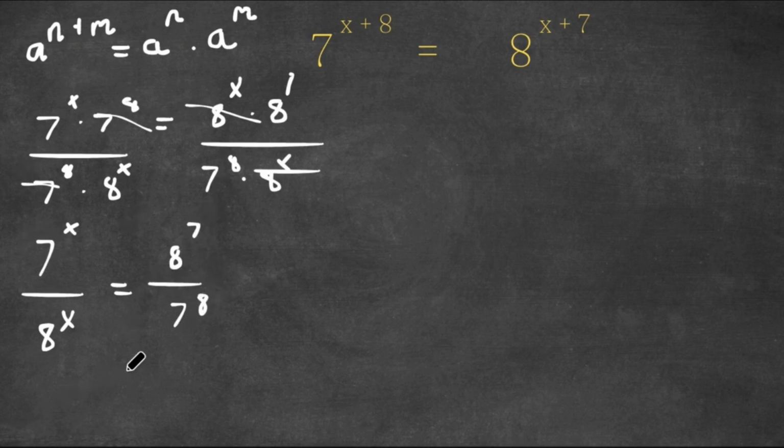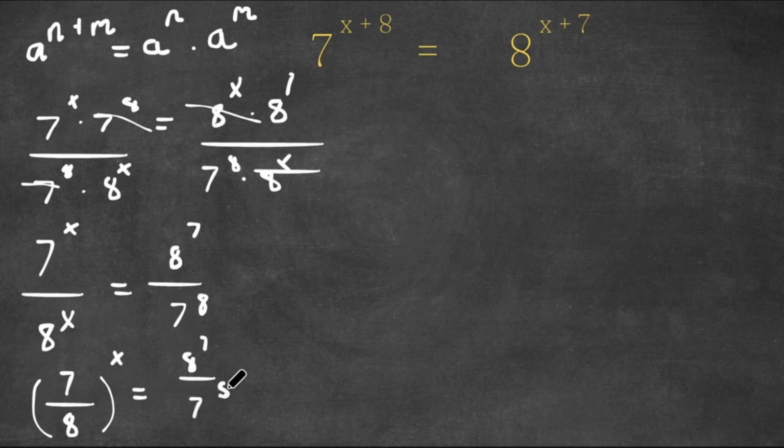Now 7 to the power of x over 8 to the power of x is the same thing as 7 over 8 to the power of x, and now this is equal to 8 to the power of 7 over 7 to the power of 8.